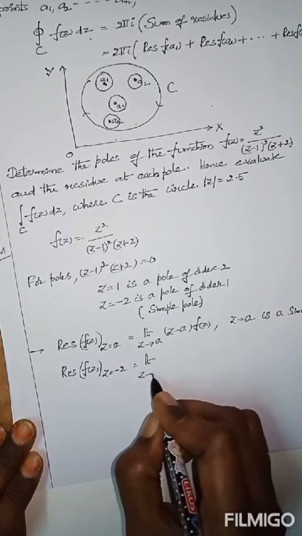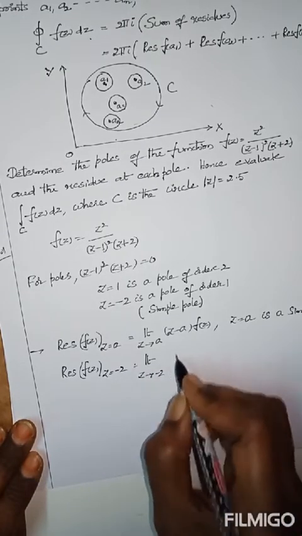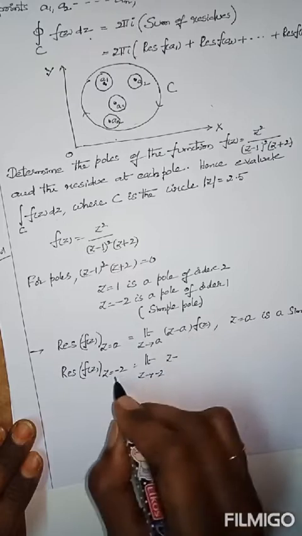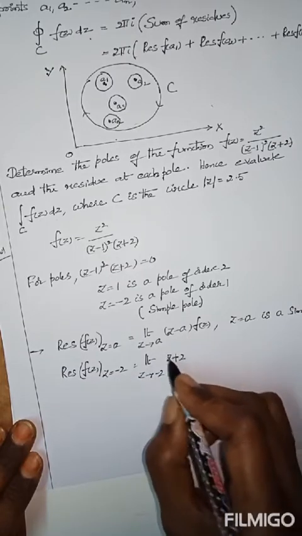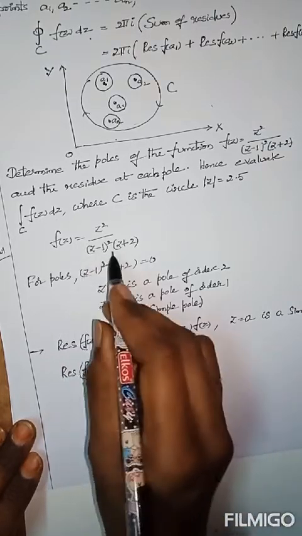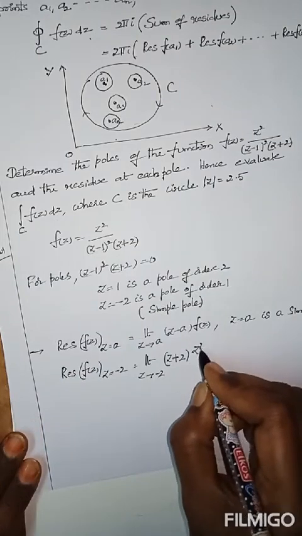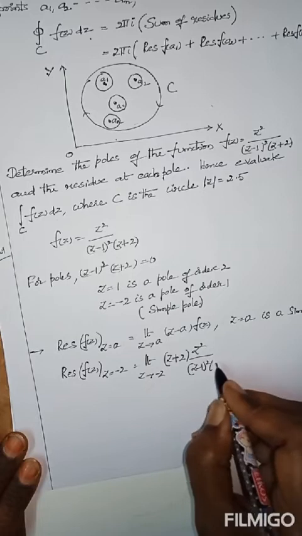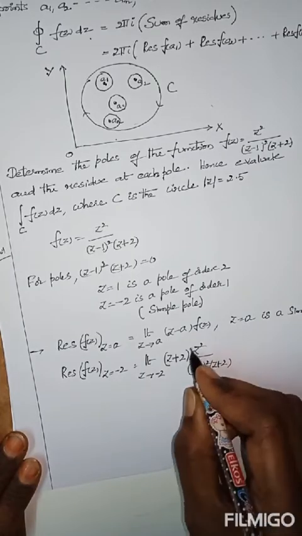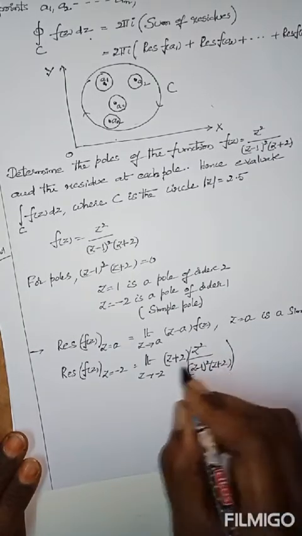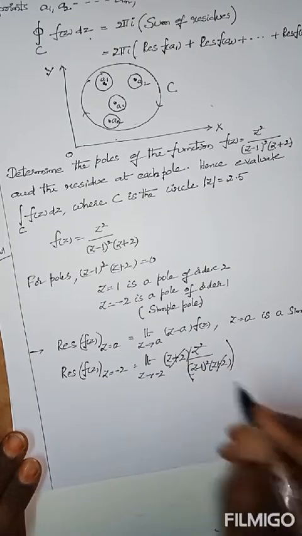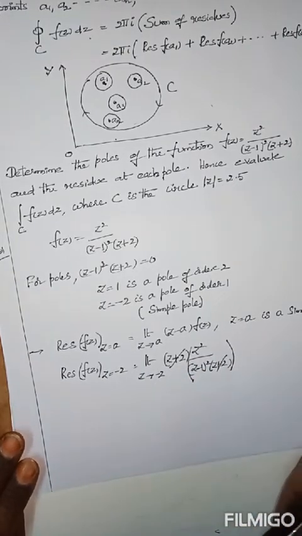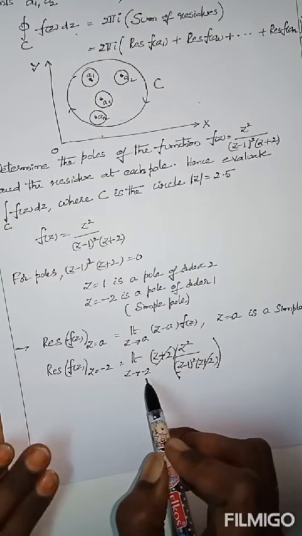Limit as z tends to minus 2. Z minus a is z plus 2. f(z) is nothing but the given function z squared by (z minus 1) whole squared times (z plus 2). Product of the two functions, these two get cancelled. Now this is a purely limit problem. In place of z you can write minus 2.